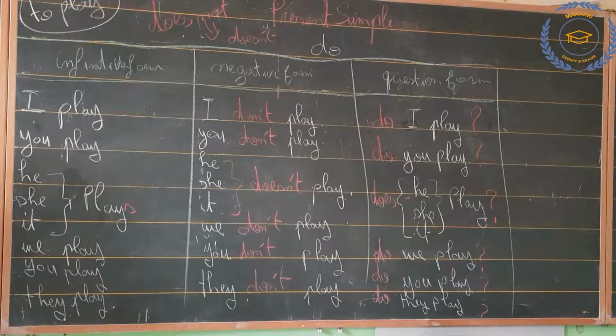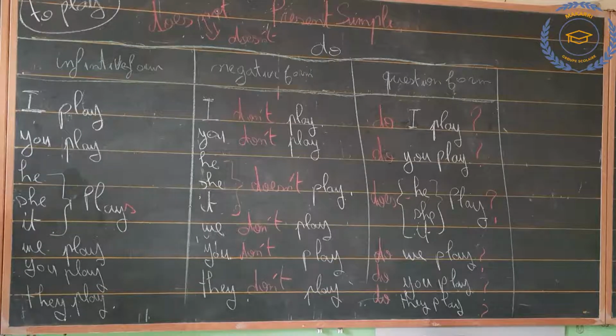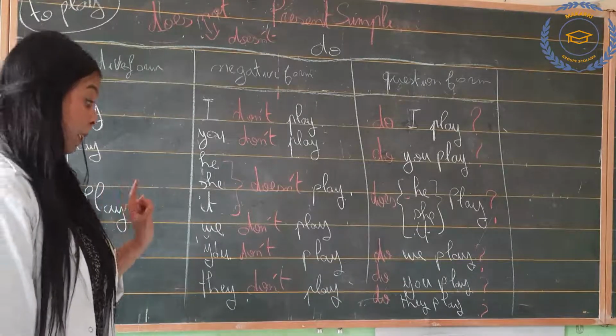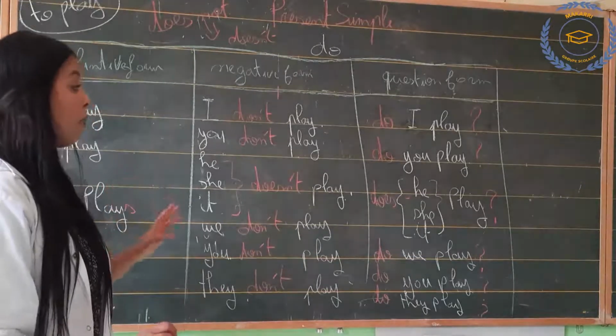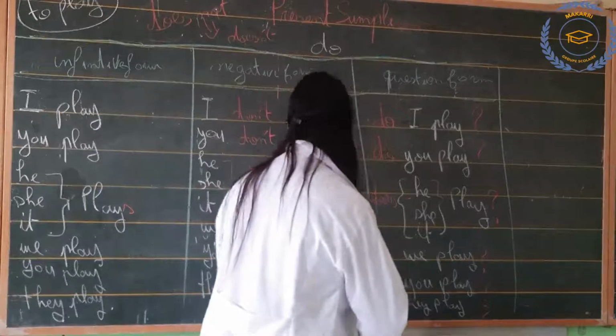So as you see, the three forms take the infinitive of the verb. The only exception is for the third person singular, he, she, and it. And pay attention, please. One of the common mistakes students make is this.